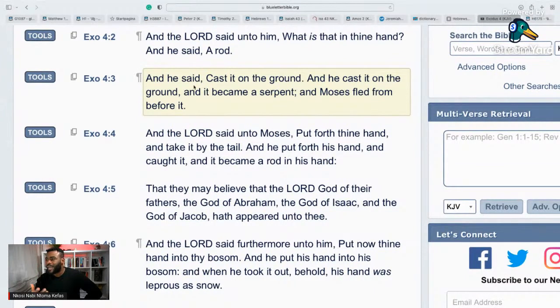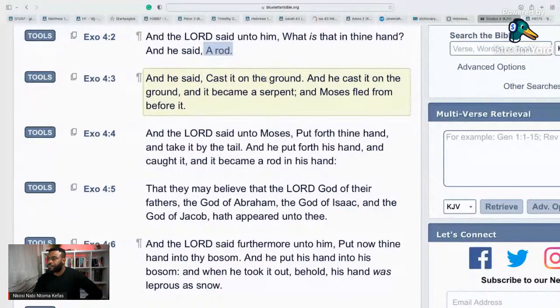So he gave him some signs to perform so that he can convince the people that I am that I am has sent him. And the other power or sign that he gave him was the power of the rod, right? The power of the rod.